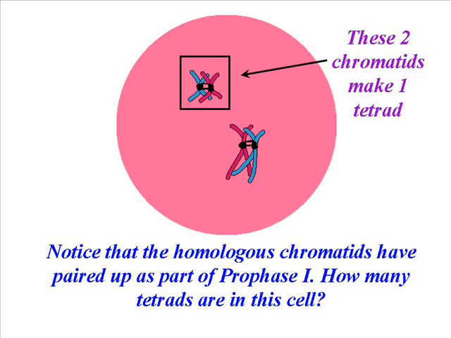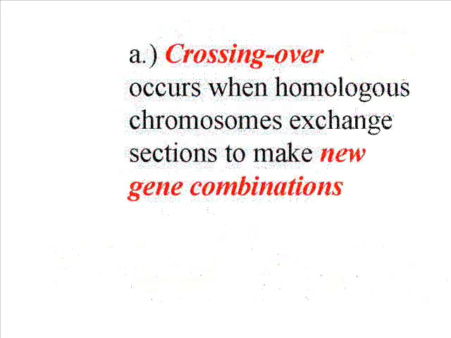Now, one of the important things that occurs during prophase 1 is once these chromosomes, or correctly, let me say it, chromatids, are paired up, then crossing over will occur.